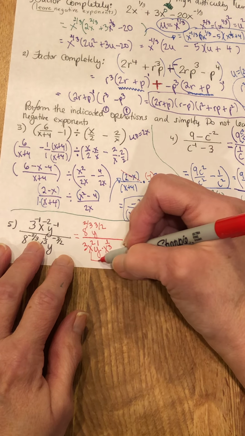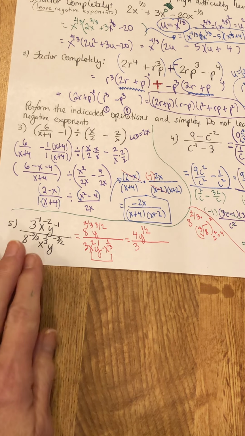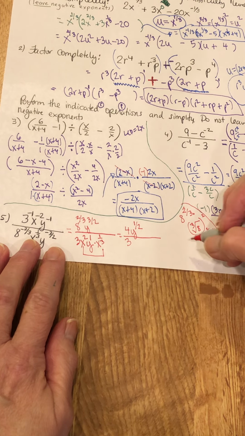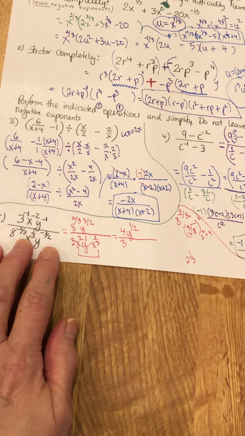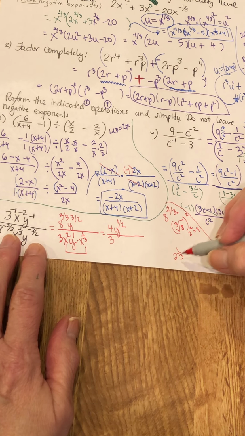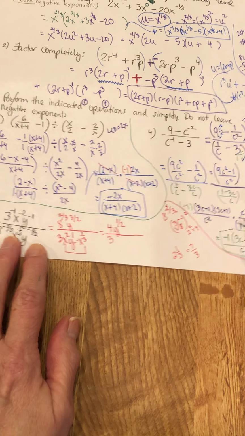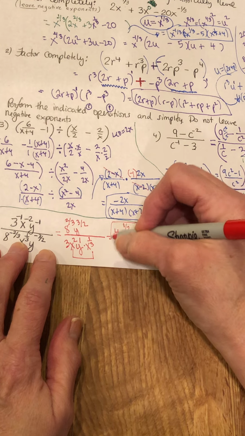Then for the x's, we're multiplying the same base. When you multiply the same base, you add exponents. And hey, when life is easy, go for it. When you add 2 plus 1/3, that's 2 1/3. And then just realize, oh, I can convert that to an improper fraction. 2 times 3 plus 1 is 7. That's 7/3. So that's going to be x to the 7/3. And you're done.